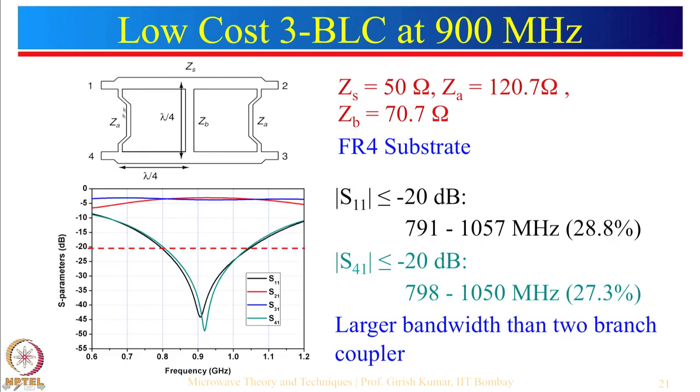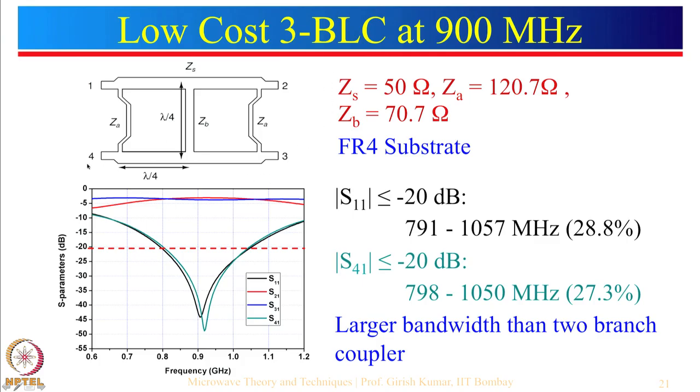Path 1: 90, 180, then 90, 90, 90, then 90, 90, 90. So, all the 3 paths basically give me a phase of minus 270 degrees. So, this is minus 180, this is minus 270. So, the output will have a phase difference of 90 degrees.